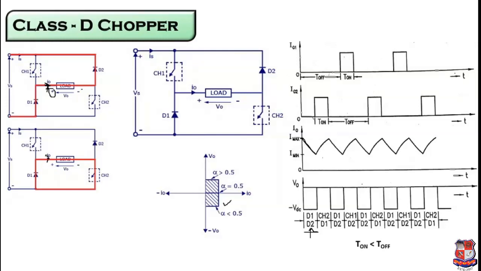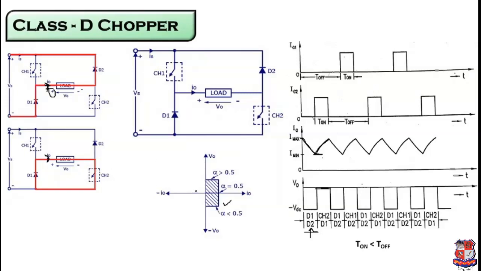The actual direction should be in this way, and it is also flowing in this way, but because this is short circuited, there is no source available. So output voltage will be 0, but current will reach a minimum value and again rise to some value.